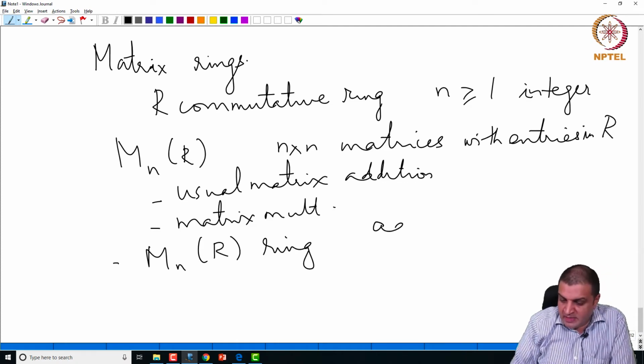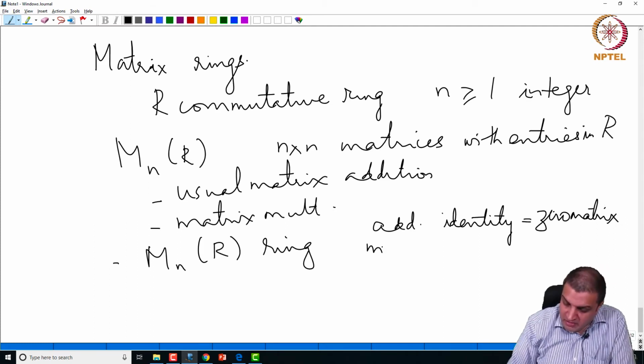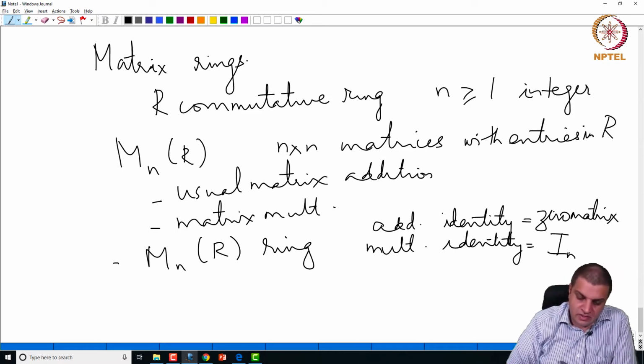The additive identity is the zero matrix, and the multiplicative identity is the identity matrix, the n by n identity matrix.